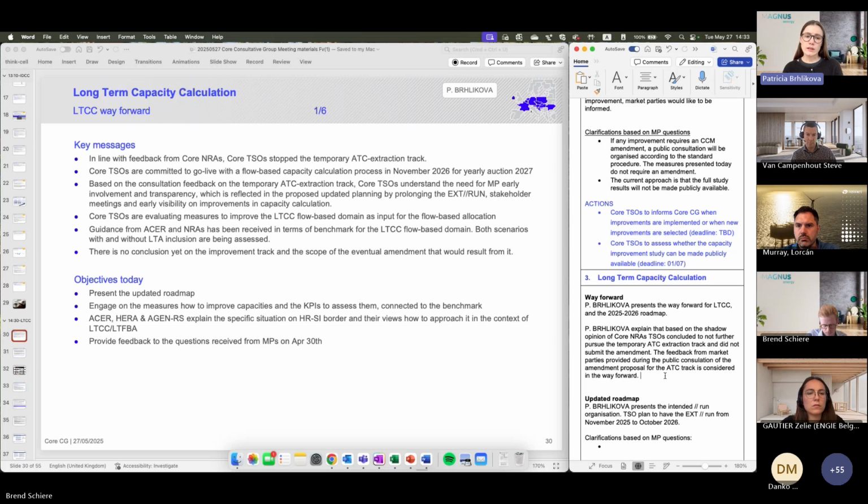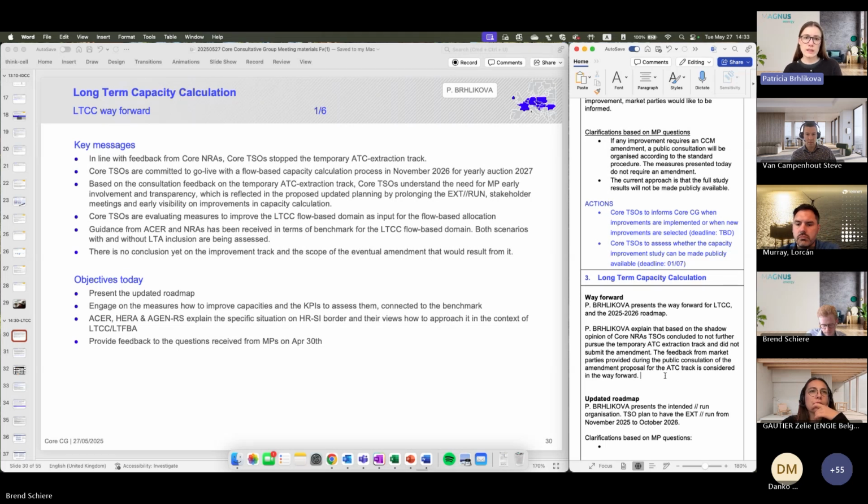So as said, the improvements are one of the key focus points at the moment for core TSOs. We are fully trying to focus and objectify the LTCC flow-based domain. This is then the input to the flow-based allocation, and through our endeavors, we are not only trying to understand the size and trends of the flow-based domains, but also the improvements thereof.